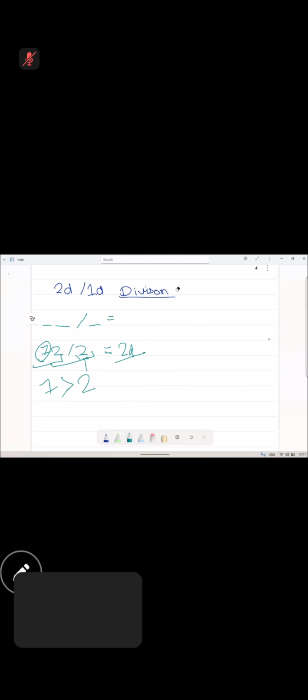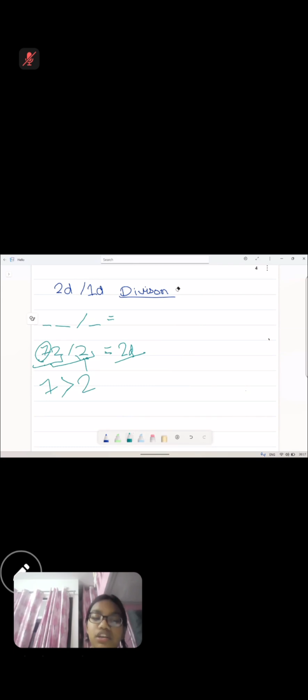So whenever the first digit of our dividend is bigger or greater or larger than the digit in the divisor, then our answer comes in 2 digits.